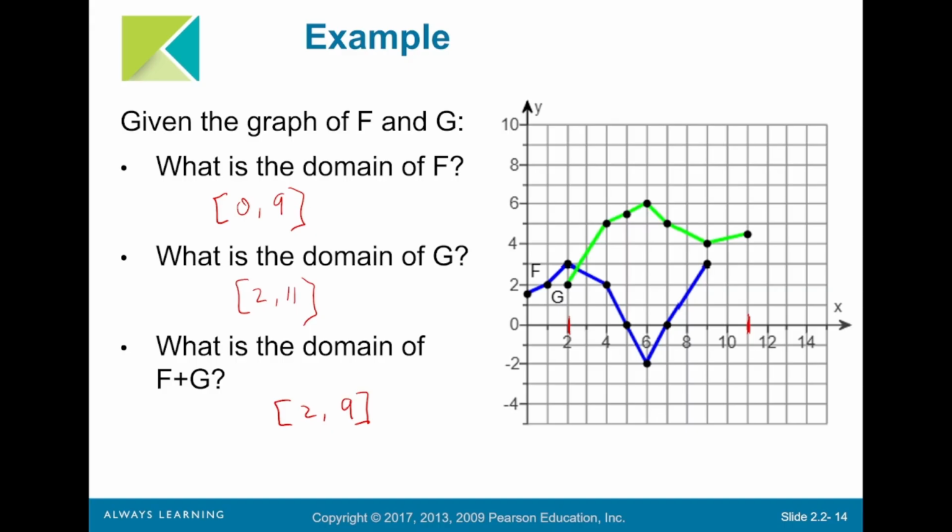Therefore, their intersection is just from 2 to 9. So from here to here, we have both functions showing up across that entire space. You'll have a couple of these on your homework.